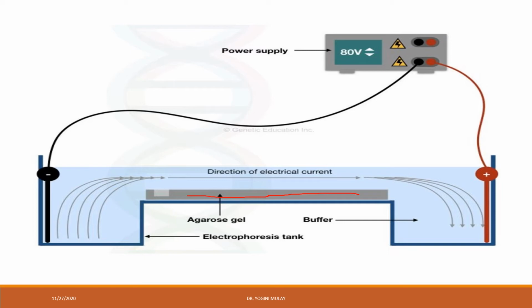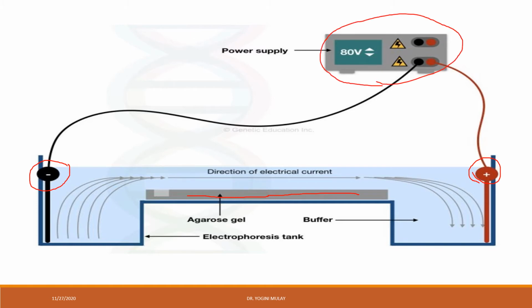And this is the negative pole, negative electrode, whereas this is the positive electrode. And this is nothing but the power supply.